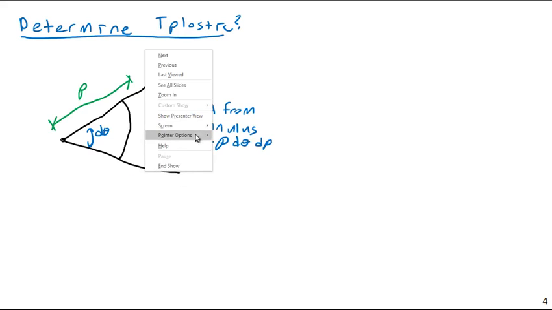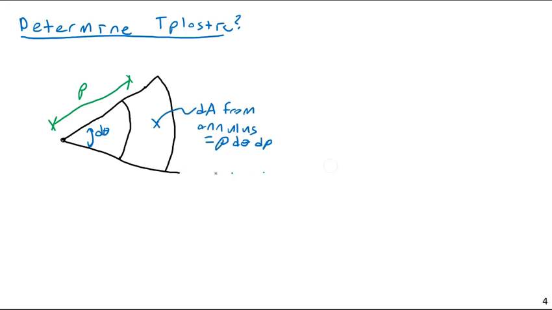And the difference between these inner and outer arcs is going to be our d rho. These are supposed to be circular, but I just can't draw. The arc length of this, S, is going to be equal to rho d theta. And so we can treat this as a rectangle, approximately. So the overall area of this dA is simply going to be rho d theta, the arc length, times the d rho. And that's the area of this.